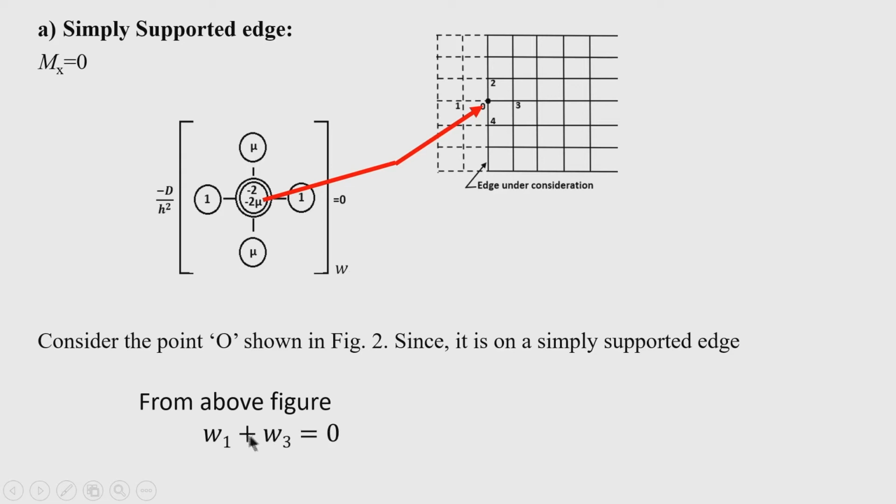That means W1, which falls outside the plate boundary, is now expressed in terms of the displacement of the image point. The image point is 3, which is a real point in the plate domain, and therefore W1 equal to minus W3. In this way the simply supported boundary condition is expressed.